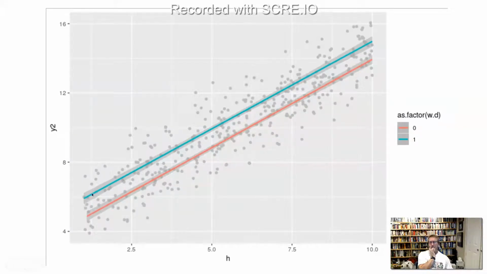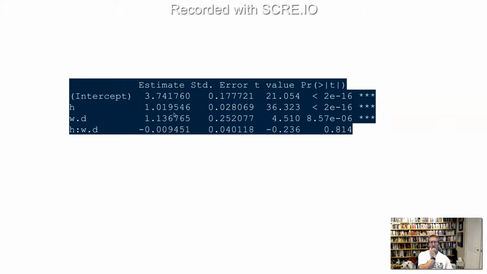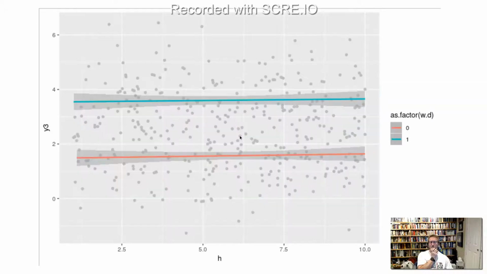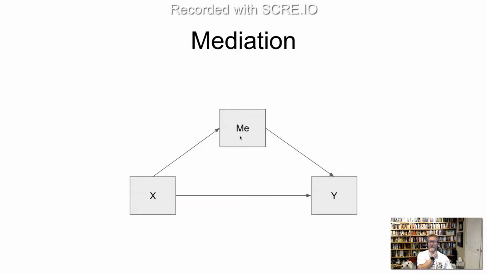The two slopes are the same, but the intercepts appear to be different, significant at the 0.05 level. Those are two examples. And the third here is an example where there is no main effect, but there are differences in terms of intercepts, and there's no difference in terms of slopes. So those are three examples of moderation.